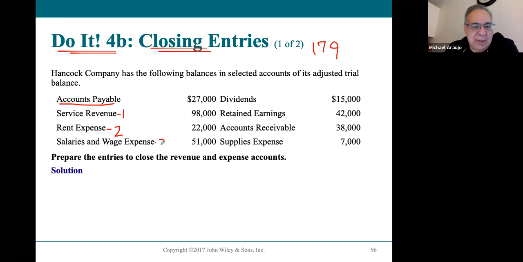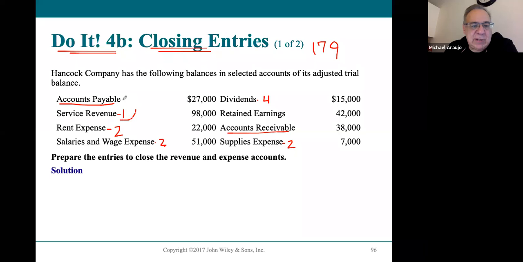This is an expense account, that's step 2. The dividends account is going to be the very last step. We will look at retained earnings because that's obviously part of steps 3 and 4. Accounts receivable is an asset account. Assets are not involved in this. We don't need this.